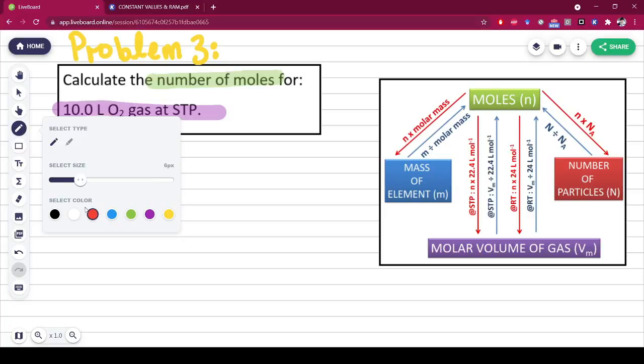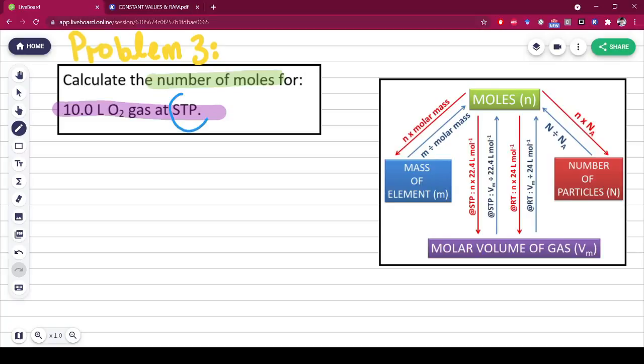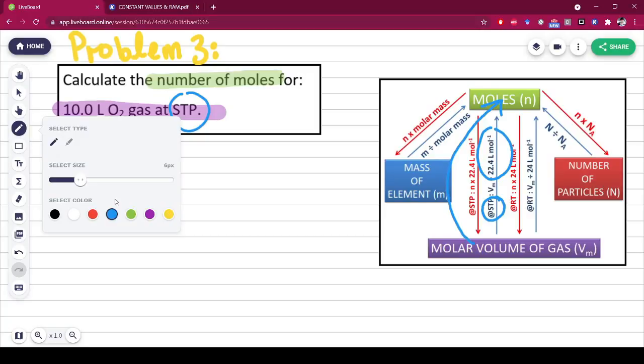And the condition that we need to consider is at STP. So we're going to move from molar volume of gas, and we need to find the number of mole at STP, and we have to take into account 22.4 liter per mole. The volume is 10. We have 10 here.